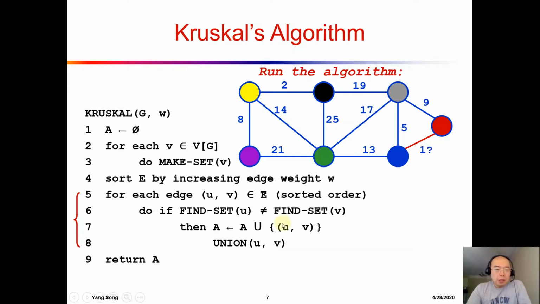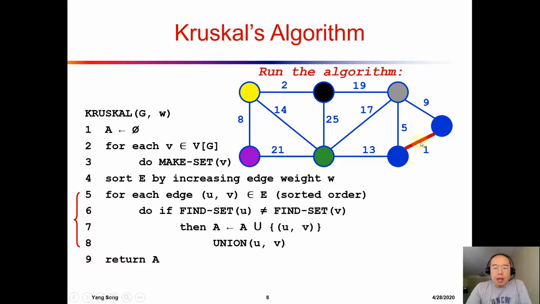And then what do I need to do? I need to check whether U and V, which are the two nodes here, belong to the same set. And of course, they do not belong to the same set. We have a blue set and a red set, right? So in this case, since they do not belong to the same set, I'm going to add the edge UV to A. And the next step, I'm going to union U and V. So now I'm going to union those two nodes together into one set.